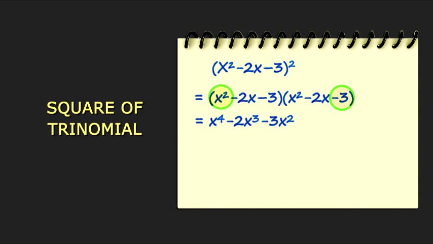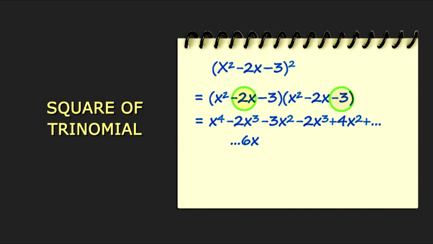Then the next thing we do is to multiply negative 2x to x squared, which is negative 2x cubed. Then, negative 2x times negative 2x is equal to positive 4x squared. Then, negative 2x times negative 3 equals positive 6x.